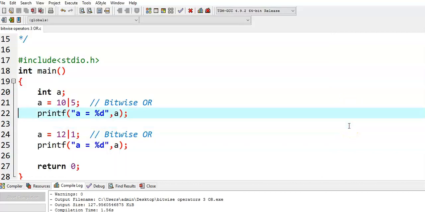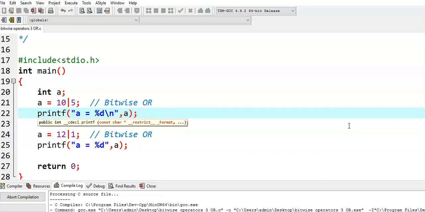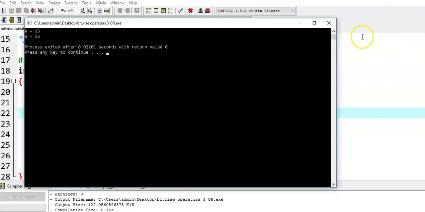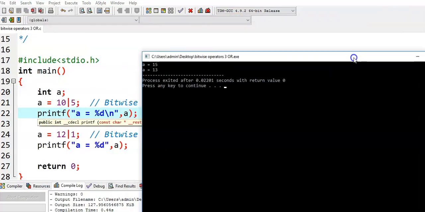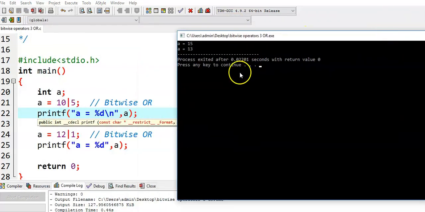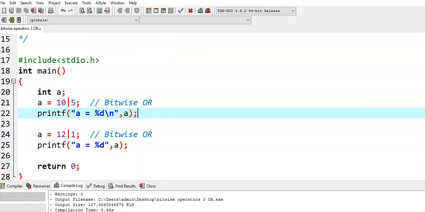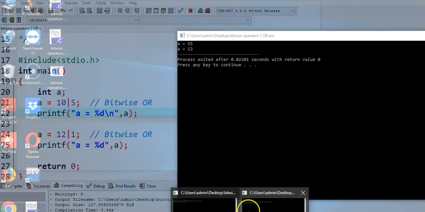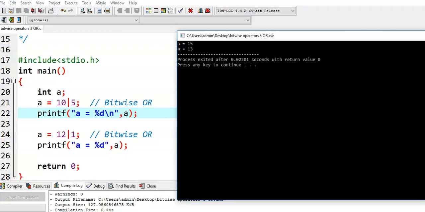I forgot to write the new line character, so I will add it. After running this program, in the first case we got the output A is equal to 15. In the second case we got the output A is equal to 13. We see how we got these values.